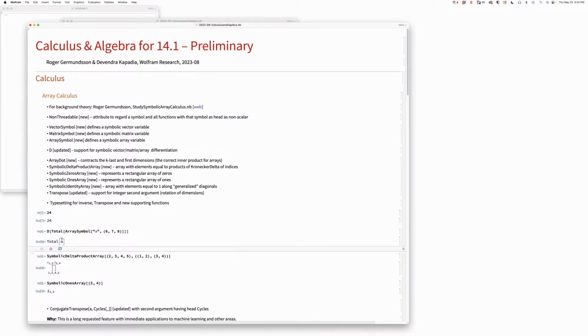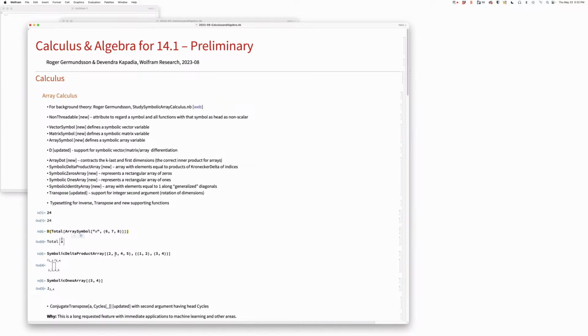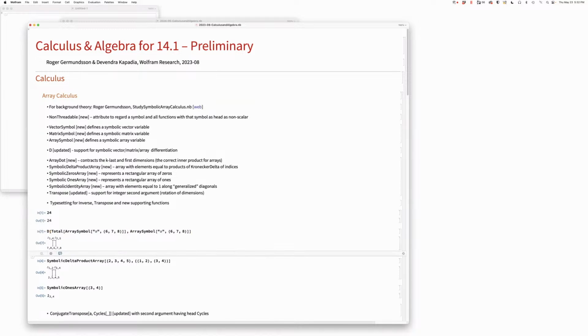Yep. And then differentiate that with respect to the array. With respect to that whole array. Yep. And it'll be chaining itself like crazy.